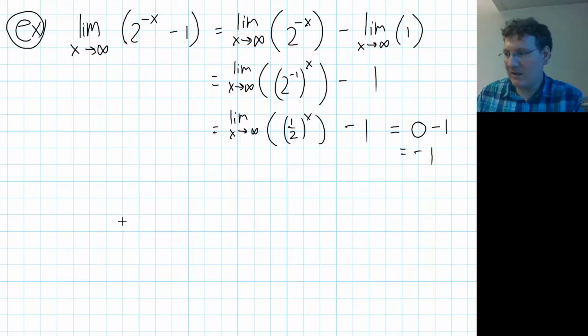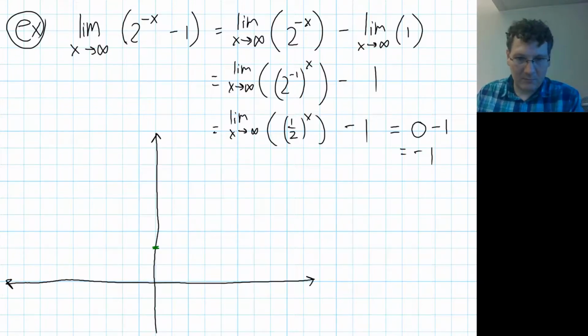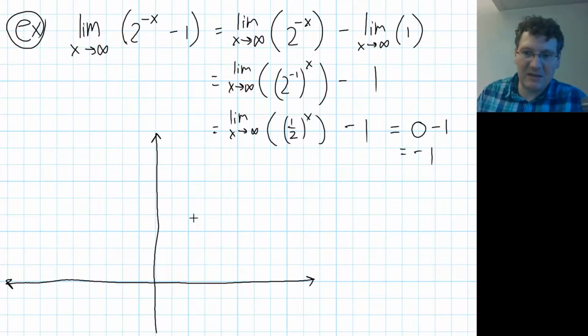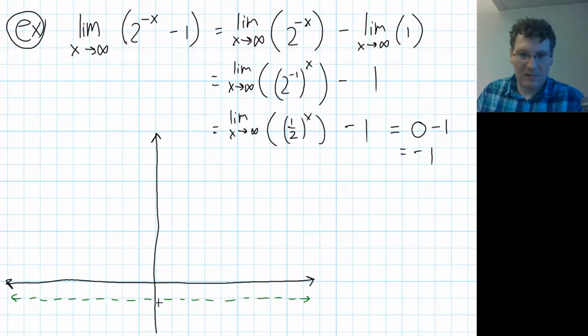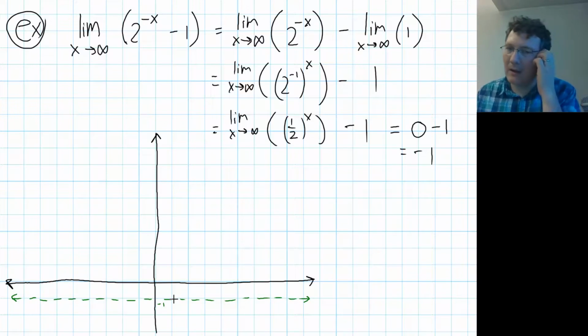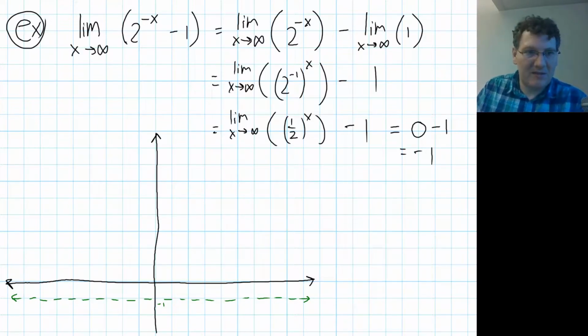With that in mind, we can actually come up with a little sketch of this, and I'm going to do that right here. As I said, the limit is going to be negative 1. So I'm going to draw an asymptote at negative 1, and with that in mind, I can get a couple little pieces of this function.